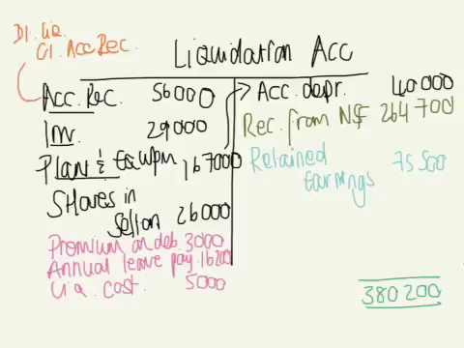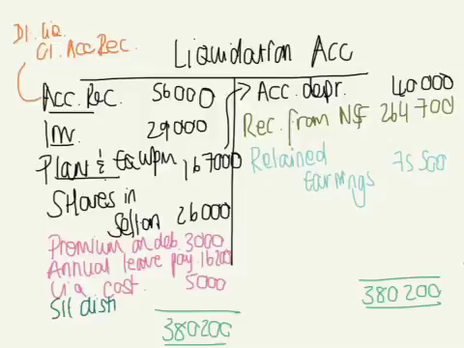And now we can balance it to 380,200, and it is a debit entry in this account, shareholders distribution, and this goes to the shareholders distribution account.